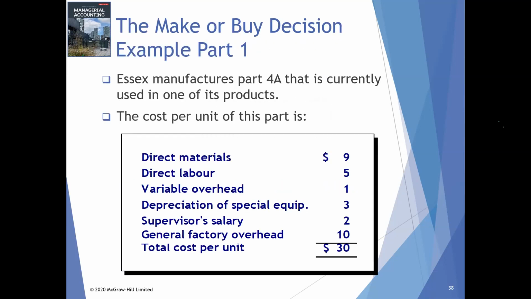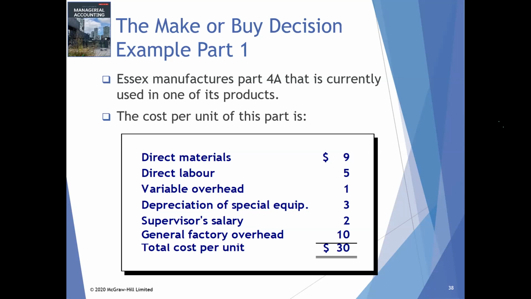So this example shows that Essex manufactures part 4A that is currently used in one of its products. Some parts they manufacture, but those parts they use in making one big unit in one of its products. The cost per unit of this part is given.